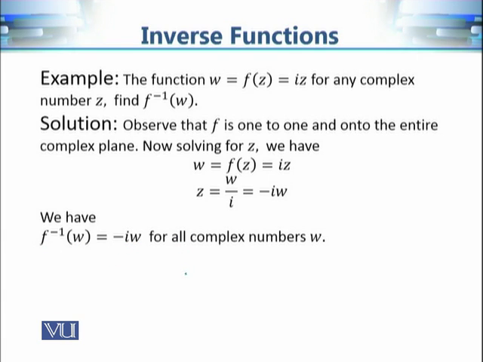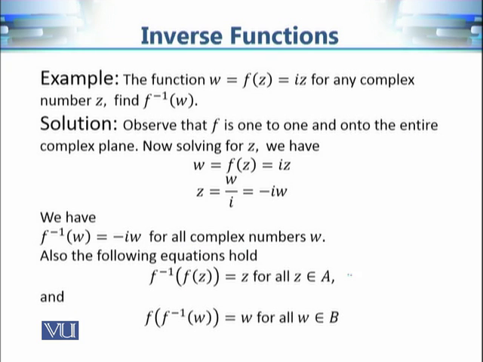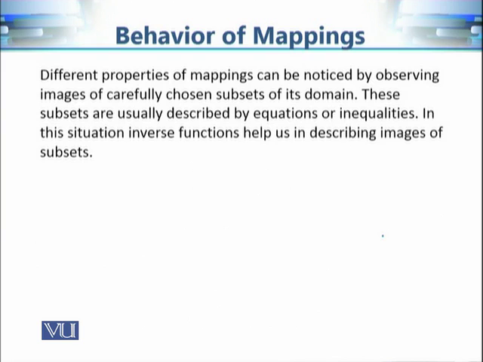Sometimes we write the same variable for the inverse as we write for the function. So in this case f inverse of Z is minus iota Z. And of course it is a simple exercise to see that these f and f inverse satisfy these two conditions. Now calculating the inverse helps us in understanding the geometrical representation of a function.